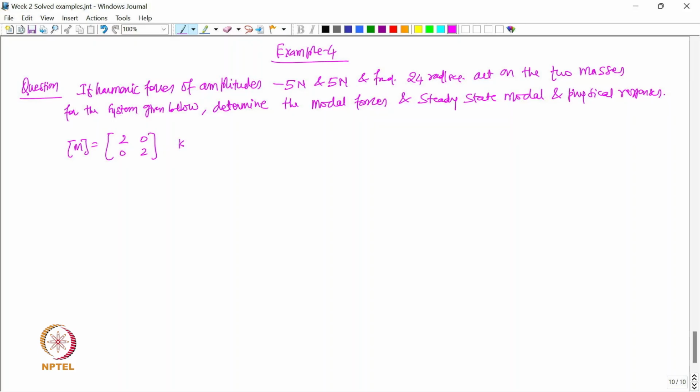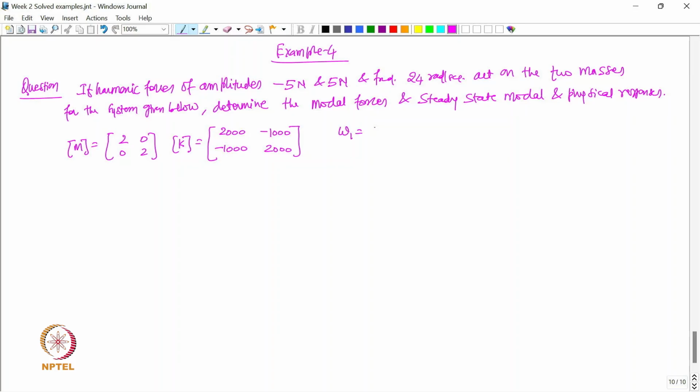2002, the stiffness matrix is given as 2000 Newton meter, minus 1000, minus 1000 and 2000, correct, and natural frequencies are also given.